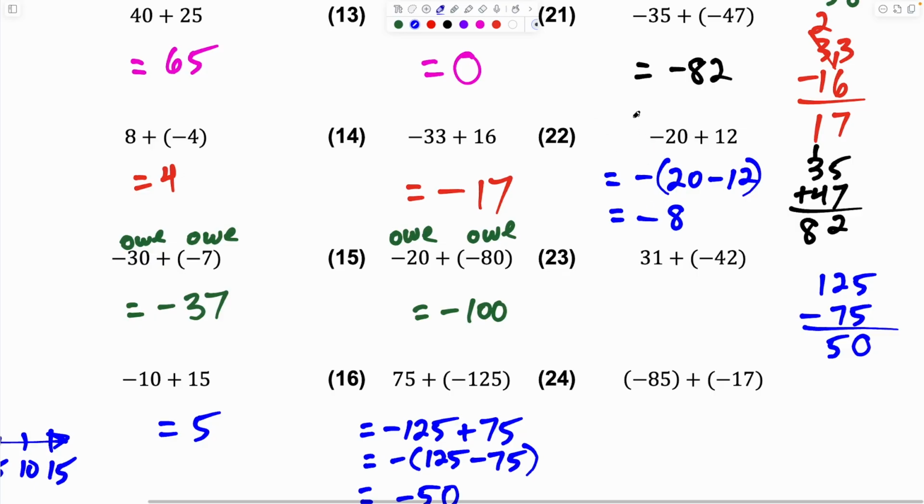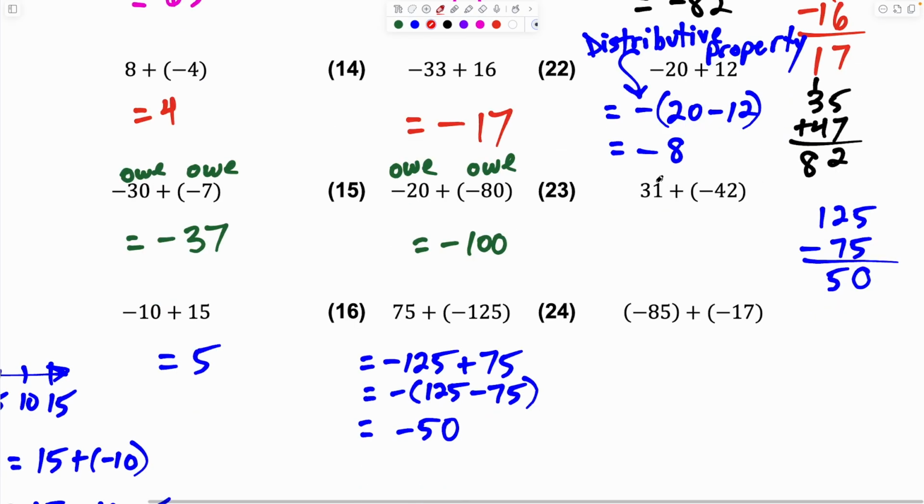Now just know the property that I'm using here, this is the distributive property. Okay, so this is from the notes earlier in the packet, but the distributive property tells us that we are allowed to do this. Question 23, we have 31 plus negative 42. And for this one, if we can't do the math in our head, what we could do is we could write the number with the bigger absolute value first. So we could say negative 42 and then plus 31.